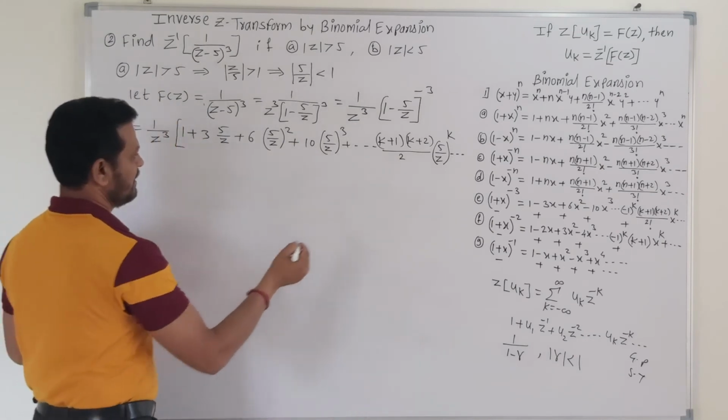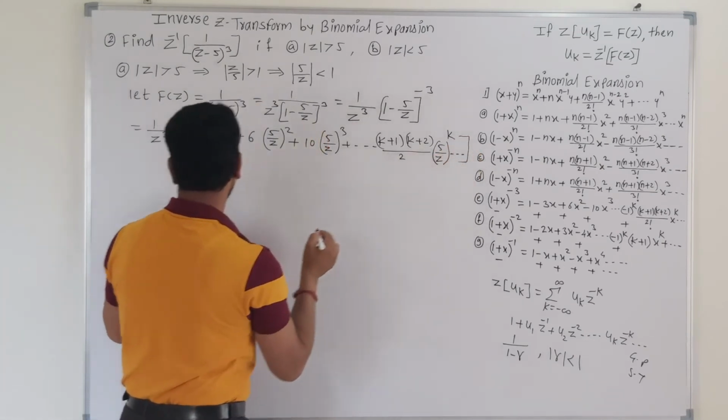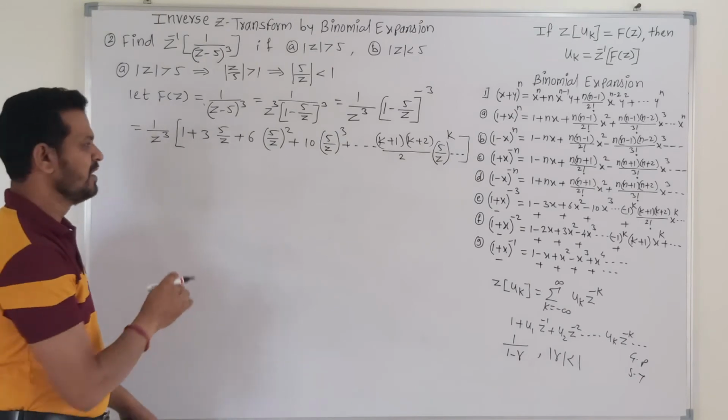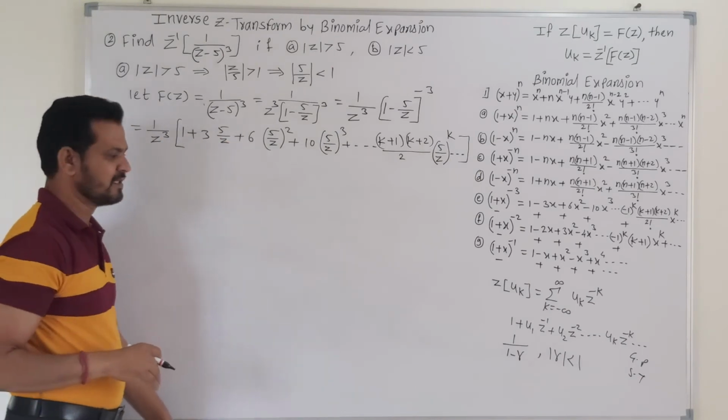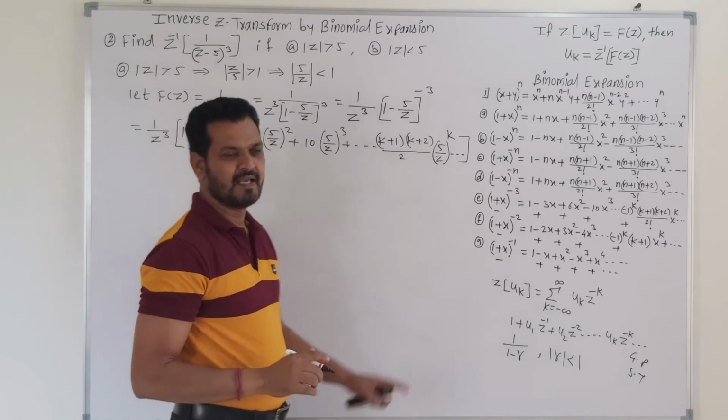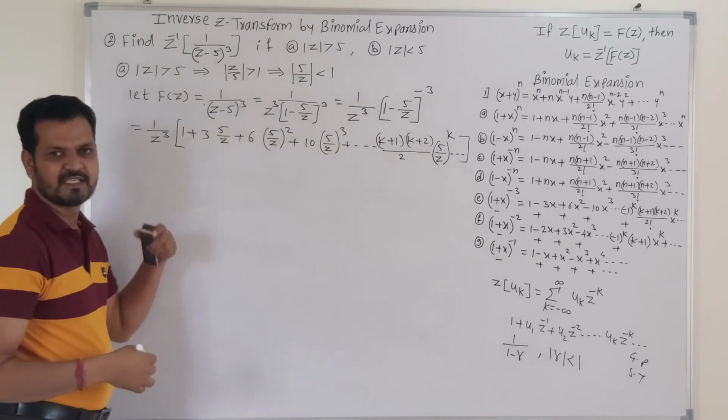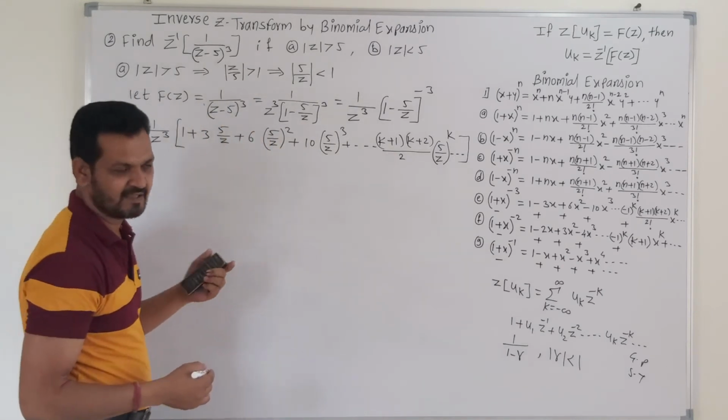Now friends, please try to understand that here 1 upon z cube is common. Now take this 1 upon z cube to the inner side so that we get such a type of expansion, or this equation is in geometric progression form or some standard equation form.